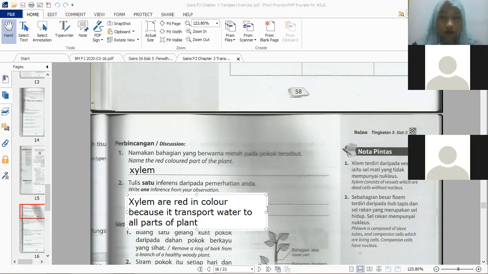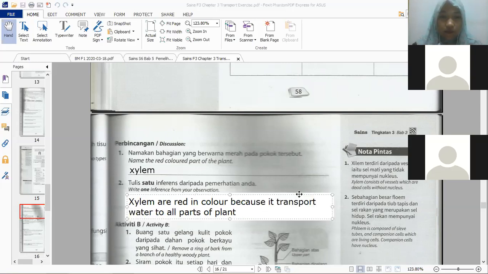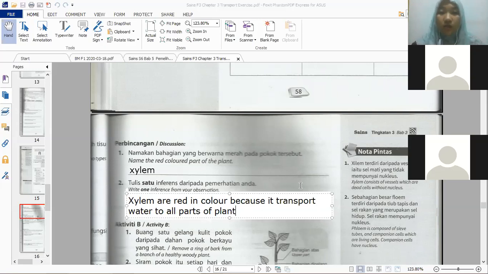This is how you answer. You have to mention the red color one. Can you understand? So remember for inference, you ask yourself: why do you say it is that? What did you see in the observation? Why do you say it like that? So that is how you answer the inference.